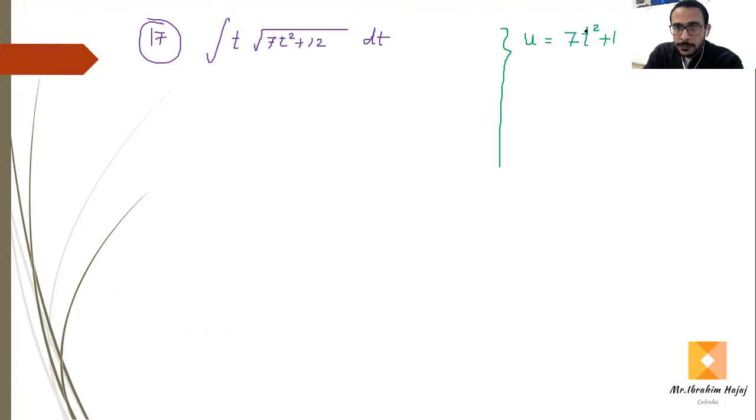Then du over dt equals 14t, and then du equals 14t dt, so dt equals du over 14t.